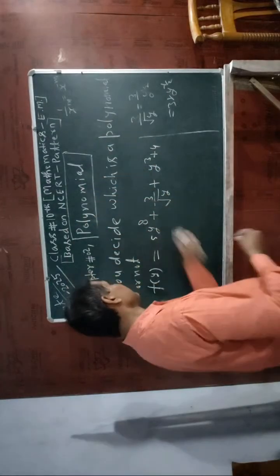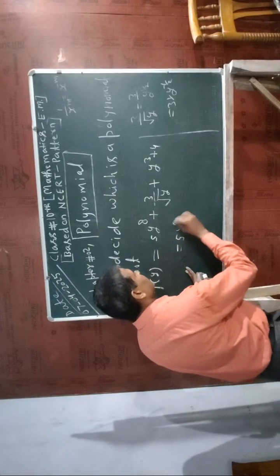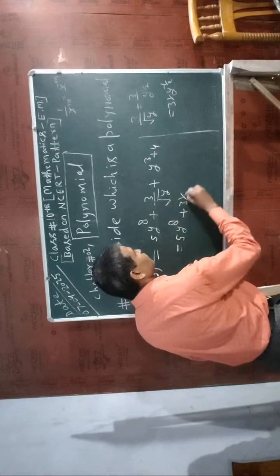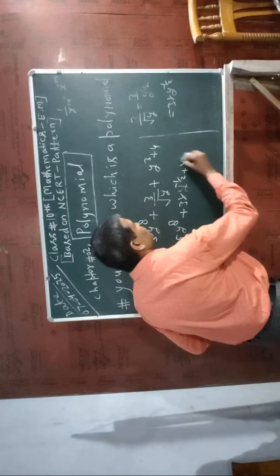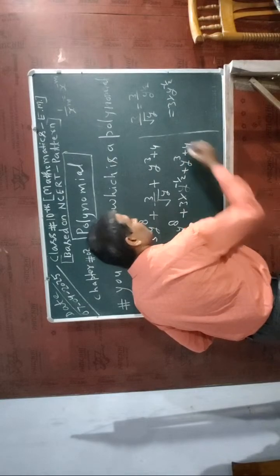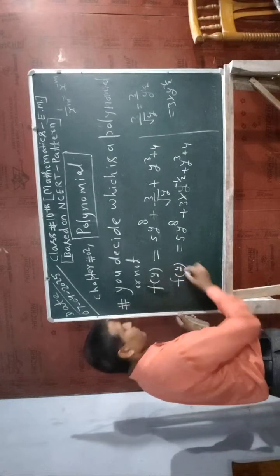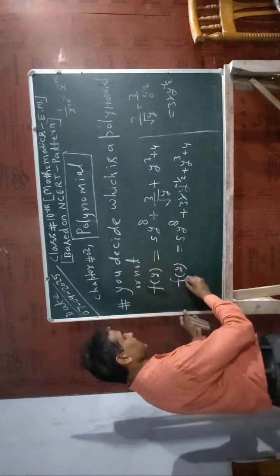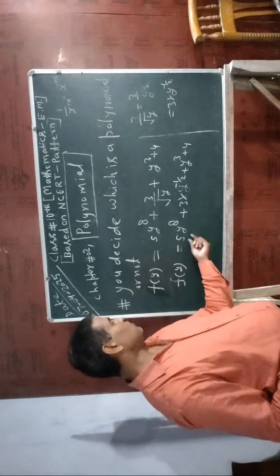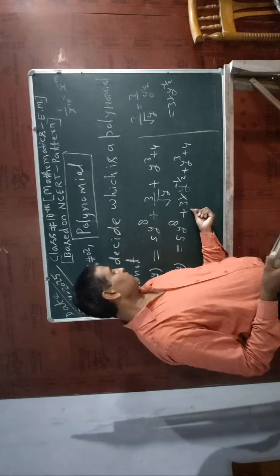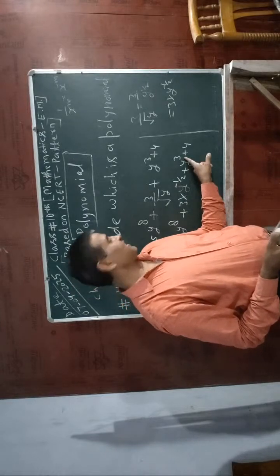Okay students, in the next step I can write 5 into y to the power 8 plus 3 into y to the power minus 1 by 2 plus y to the power 3 plus 4. On the left hand side I will write f of y. So f of y is equal to 5 into y to the power 8 plus 3 into y to the power minus 1 by 2 plus y to the power 3 plus 4.